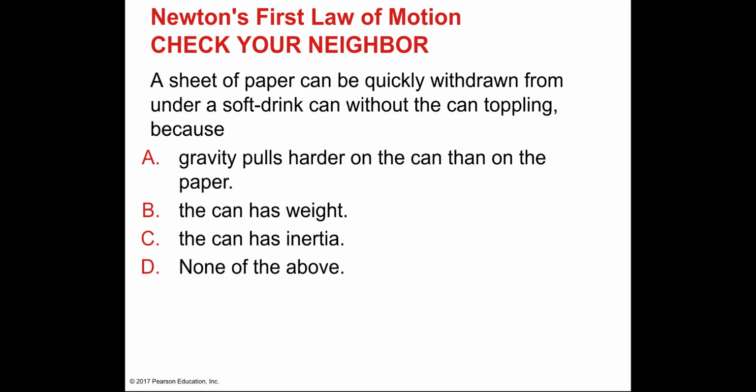A sheet of paper can quickly be drawn from under a soft drink can without the can toppling because the can has inertia. Since the can has more mass than the paper, the can has more inertia. Remember, more mass means more inertia.